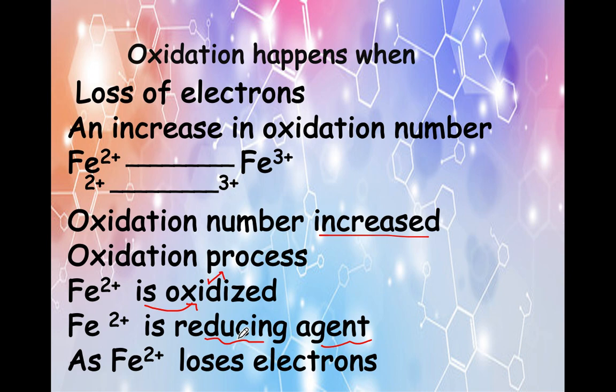This is a little bit confusing, but for simplicity, you can just know that any ion that undergoes oxidation is oxidized, and itself is the reducing agent because it loses electrons.